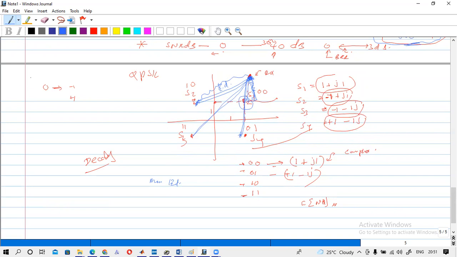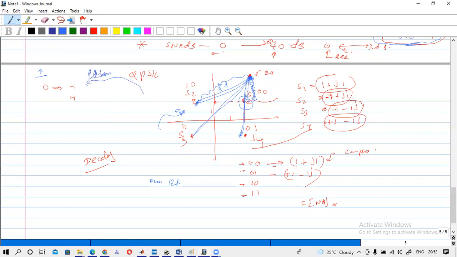In BPSK we use a decision boundary, but here you can't use a decision boundary. You have to use the Euclidean distance. You can do this in any modulation method, and you can use the same method for BPSK also.